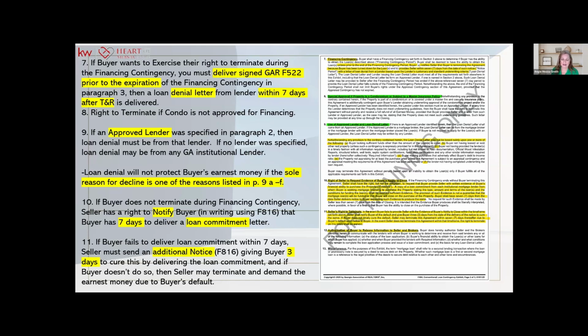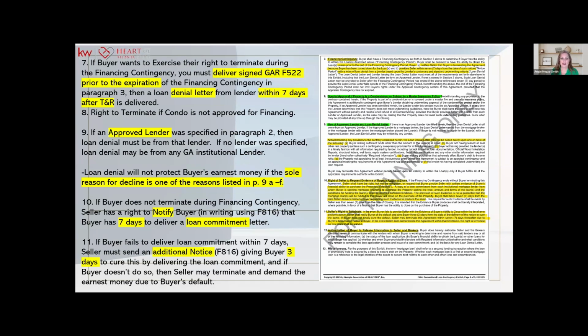What it says in paragraph 10 is that if your financing contingency expired as early as 1 day, but no, it cannot be less than 7 days prior to your closing date. So as long as there's in excess of 7 days prior to closing, but as soon as 1 day after the financing contingency has expired, without the buyer exercising their right to terminate, the seller has the right to send the buyer a notice.